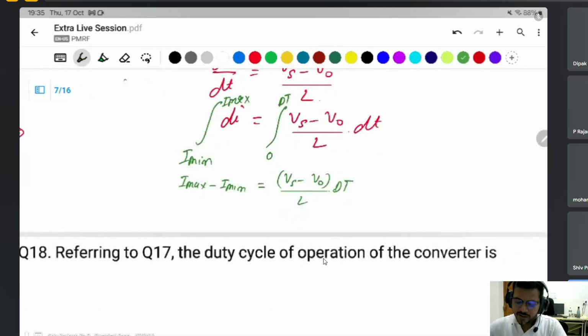I maximum minus I minimum will be delta IL. So it will be Vs minus V naught divided by L into D into T. T you can retain as 1 by f, so f goes to the denominator.